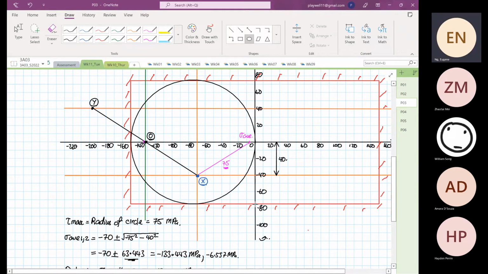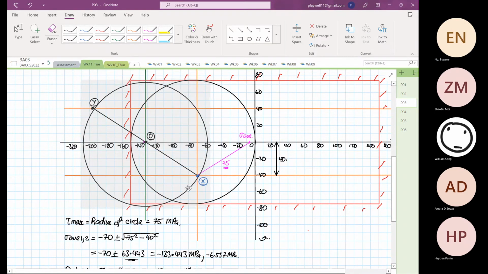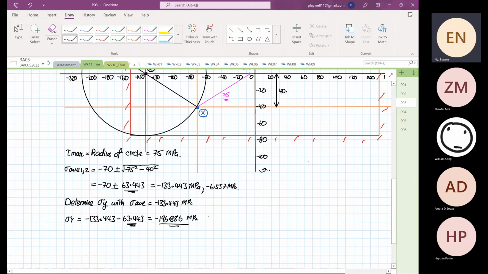I'm constructing the Mohr circle. All right, and this is for the XY plane. And we know that this answer is not valid.